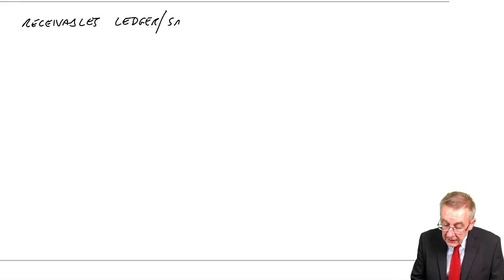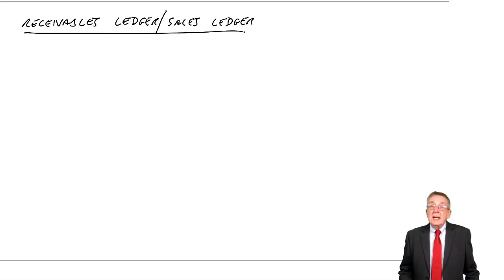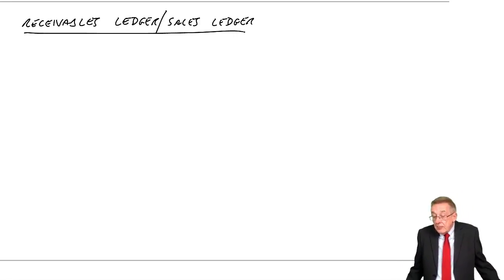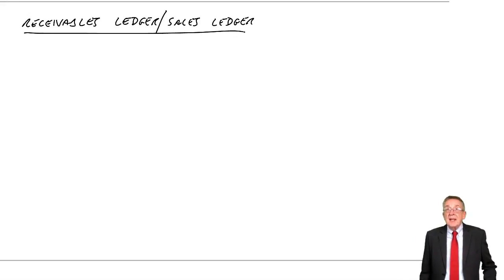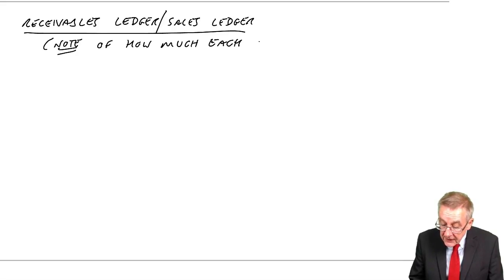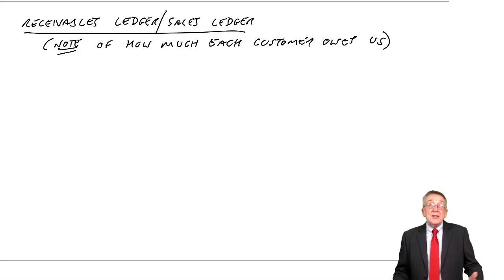The other name is the sales ledger. And as you'll see, the purpose of this book, whatever we call it, and I'm sorry it's not me who invented these names, is to keep a note, and only a note, of how much each customer owes us.